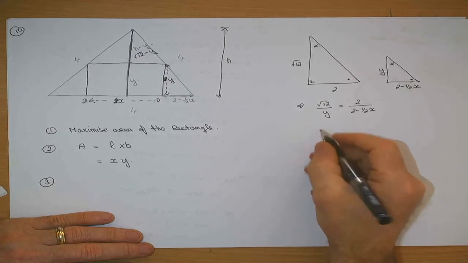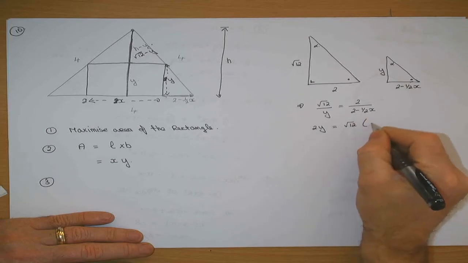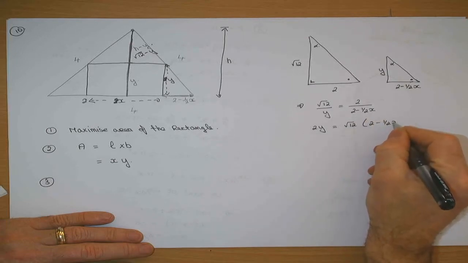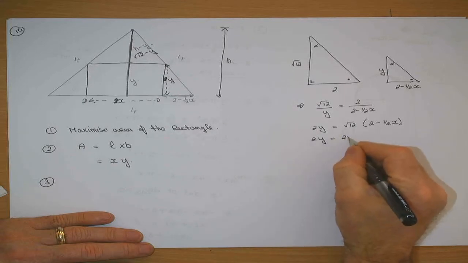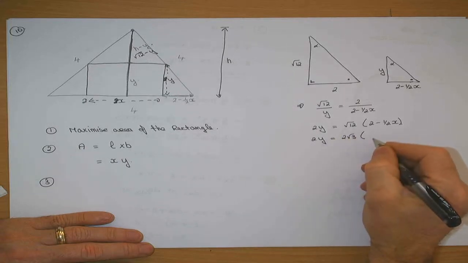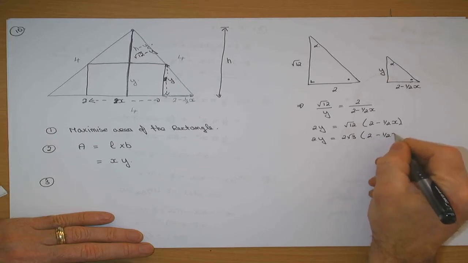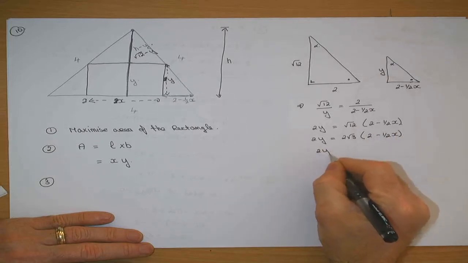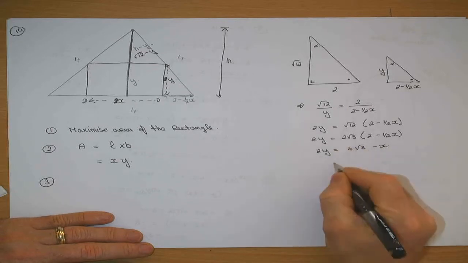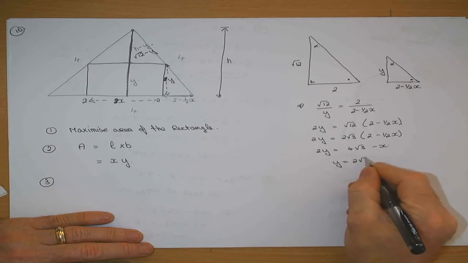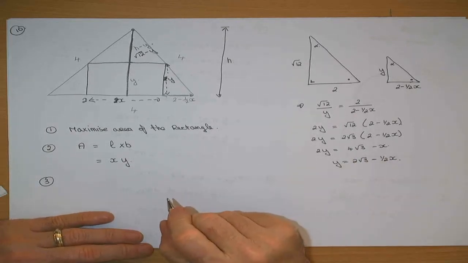Now, cross multiply. 2y is root 12 times 2 minus 1 half x. 2y, root 12 can be written as 2 root 3. Are you all right there? Yes? All over 2 minus a half x. Multiply out, 2y is equal to 4 root 3 minus x. So y is equal to what? 2 root 3 minus a half x.